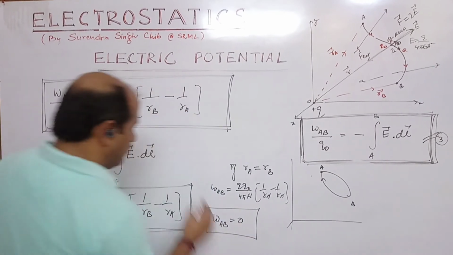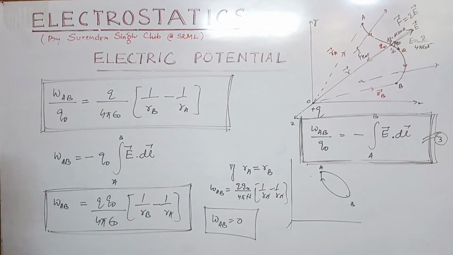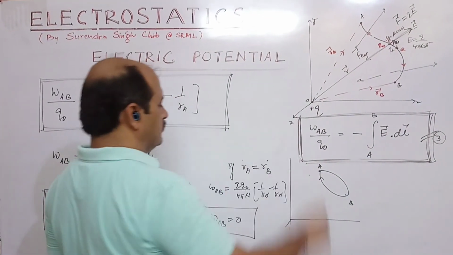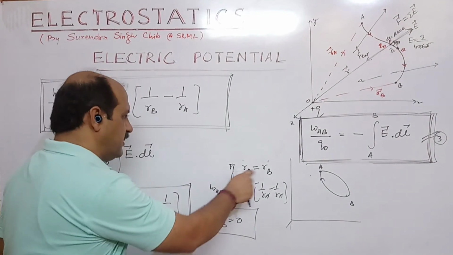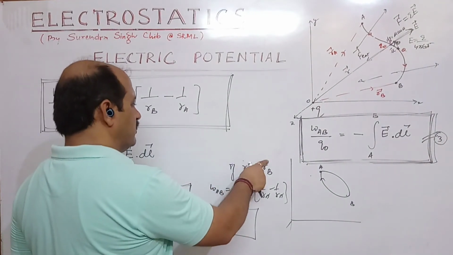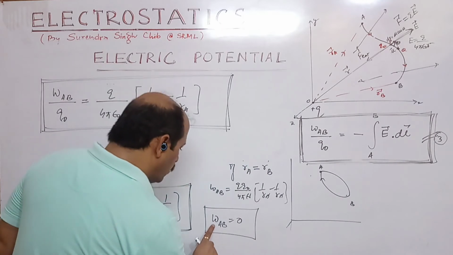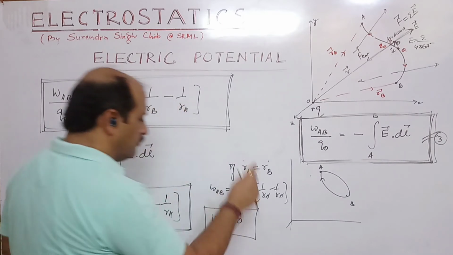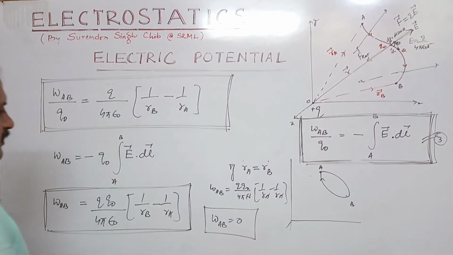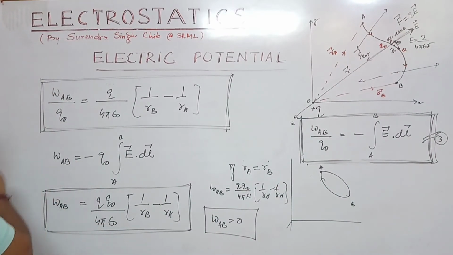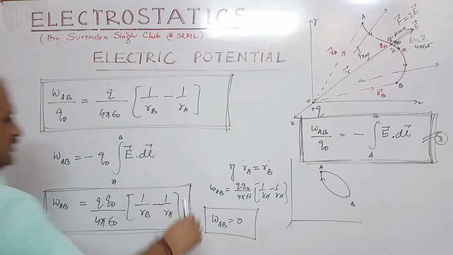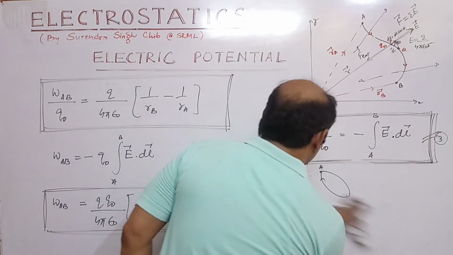Means if the initial and the final points are the same, the work done is 0. This work done is 0. Or you can say mathematically, you can write like this.